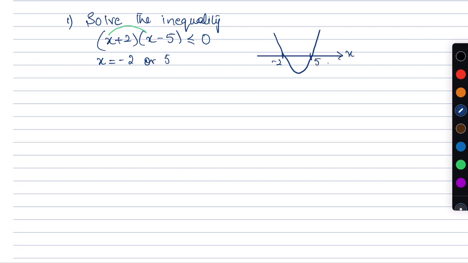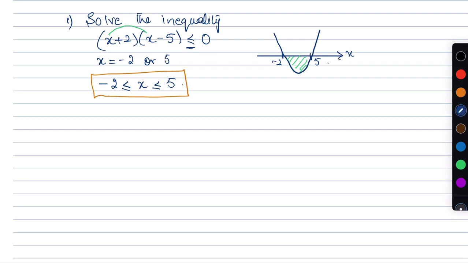With the inequality less than 0, the region bounded here is the region below the x-axis, so I have a continuous range, and the set of values of x satisfying this inequality is negative 2 less than or equal to x less than or equal to 5. This is my answer.